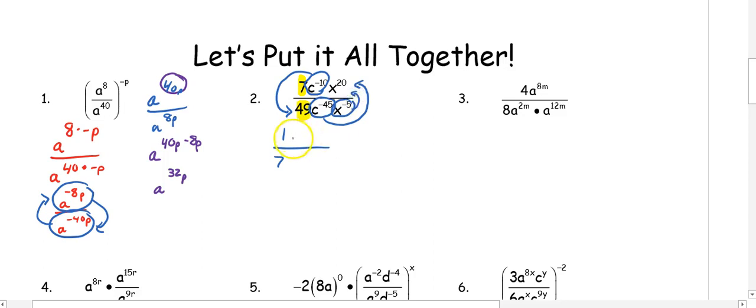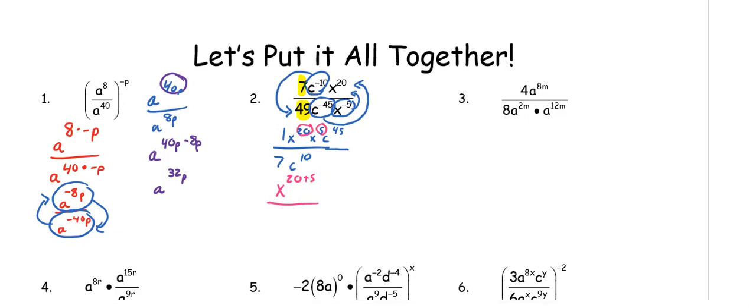So when I rewrite this, I have x to the 20th, x to the 5th, and c to the 45th in the numerator, and in the denominator I have c to the 10th. So we have exponents for x that are in the same part of the fraction, so those can be added together. So we would have x to the 20 plus 5.